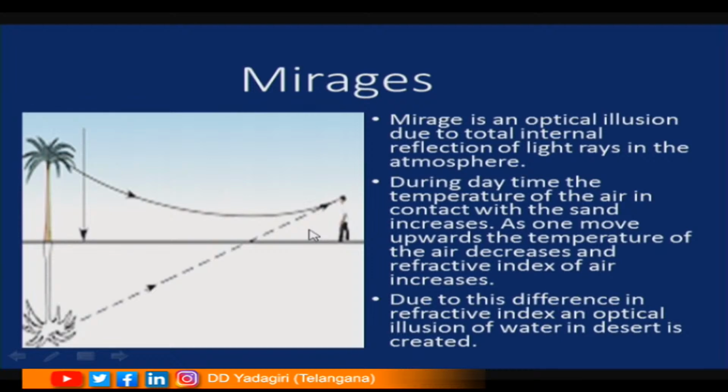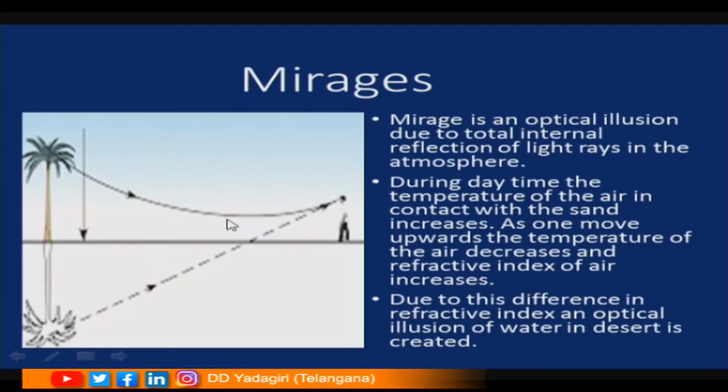When the temperature of the air increases, its density decreases. That means, when we move away from the land, the refractive index is increasing. When temperature falls, the refractive index will increase. Therefore, the light rays coming from the branches of this tree appear to be bent at a particular place.